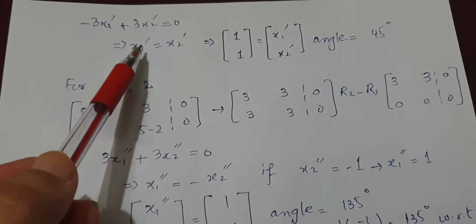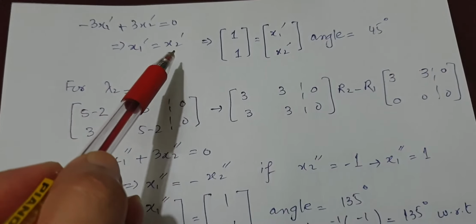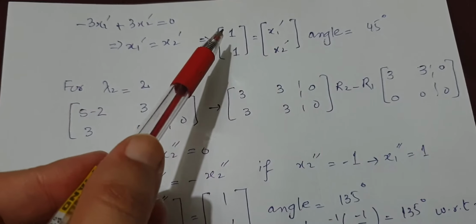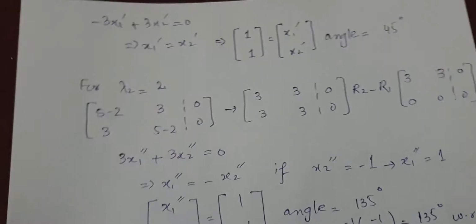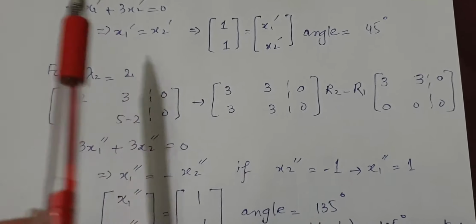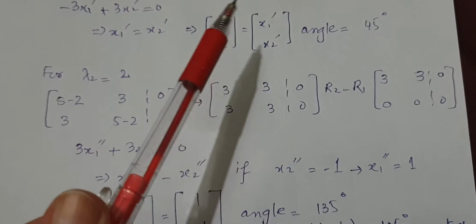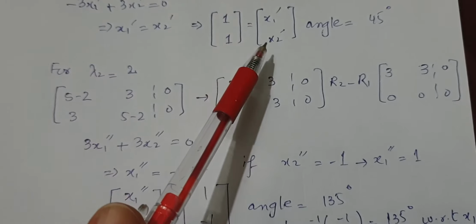So x1 bar came out to be equal to x2 bar, and from here I have chosen x2 equal to 1, which implies x1 is also equal to 1. If I am interested in determining the principal direction, I can use the concept of the angle in terms of x and y.